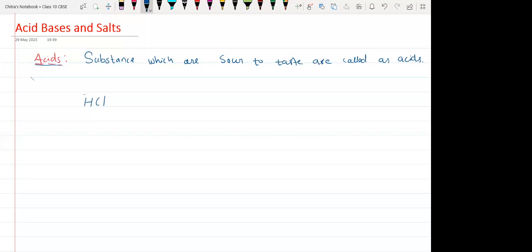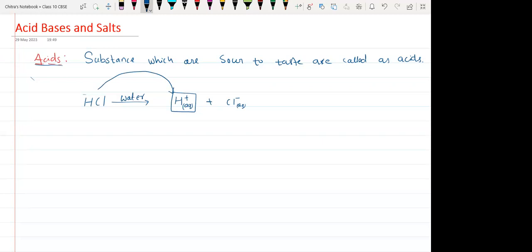When HCl dissolves in water, it dissociates completely to form H positive ion and chloride negative ion. aq means aqueous, meaning in water. So that H positive ion is released by that substance, which is called an acid.